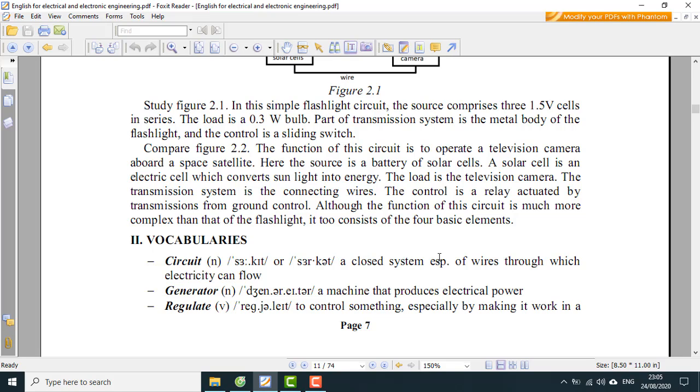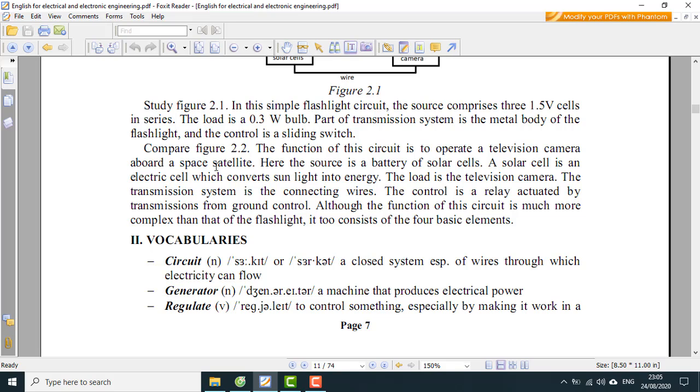In a simple flashlight circuit, the source comprises 3 1.5-volt cells in series. The load is a 0.3-watt bulb. Part of the transmission system is the metal body of the flashlight, and the control is a sliding switch.